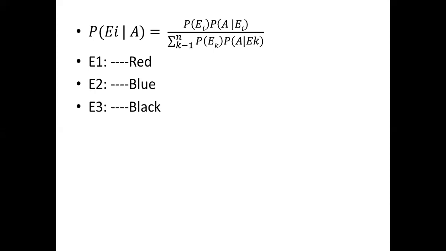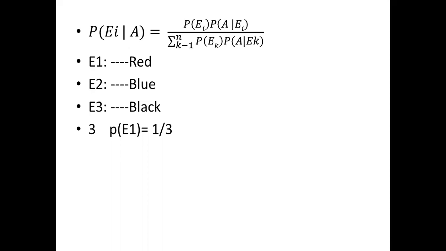If I'm talking about this event, then what is the chance that I'm getting a blue ball, or what is the chance of getting a black or red ball? Any idea? As there are three bags, I can say that the probability of event E1 is equal to 1 by 3. Yes.